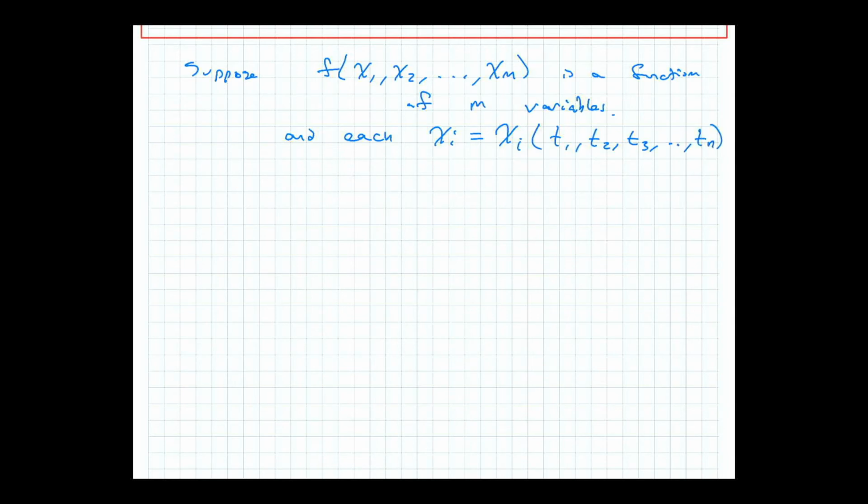There's no reason that this has to be the same number as this. That's why we use an m here and an n here. So each x is a function of n variables, sorry.